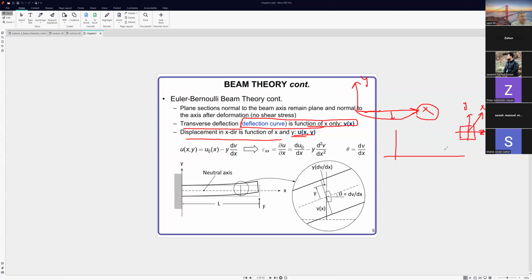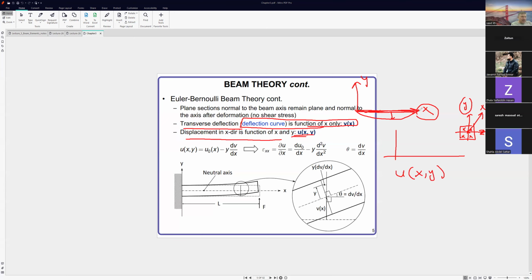So the y also has an effect on the deflection. We can make the deflection a combination of x and y. This means the point here is different from this one, or this one. It depends on the y values, and also on the x position here. So it does not depend only on x.